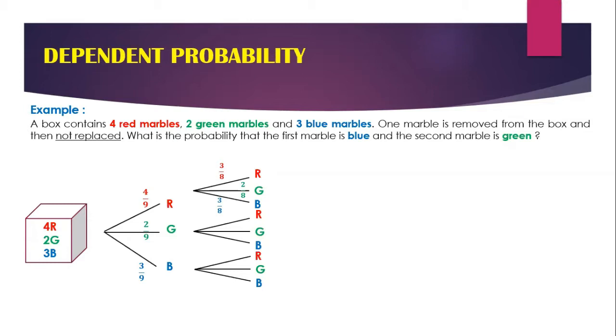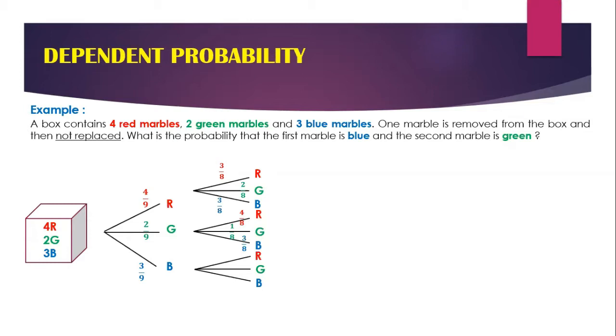For the second diagram, we took green for the first pick. That means the new composition for the second diagram is 1 green, 4 red, and 3 blue. So the probability for the second pick is 4 over 8 for red, 1 over 8 for green, and 3 over 8 for blue.